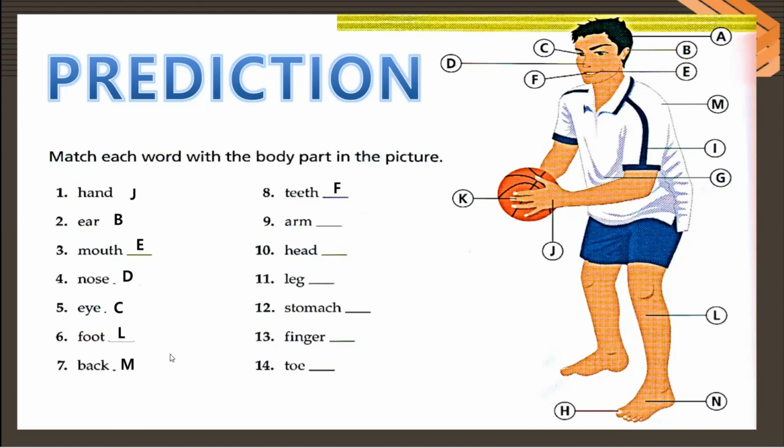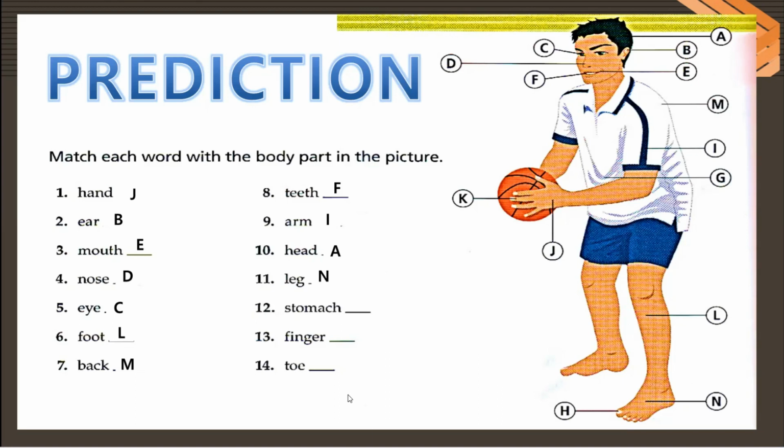And then teeth is on F. This is teeth. And then arm, this is on I. And then next, head. Which is head? Head is on A. Okay, A is a head. And then leg is on N. This is leg. And then stomach.